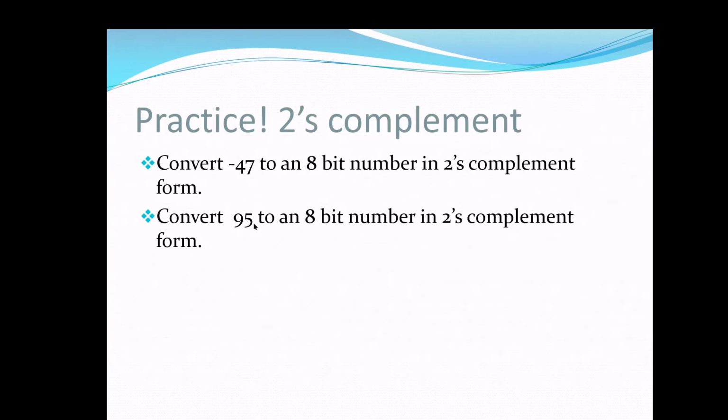Now it's in 2's complement form. So for a negative number, go through the 2's complement process; for a positive number, you just do the conversion to base 2. Okay? All right. And you can check this work. Like I said, I'll get you some videos showing how that's done.